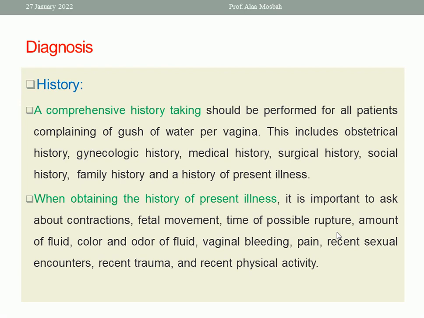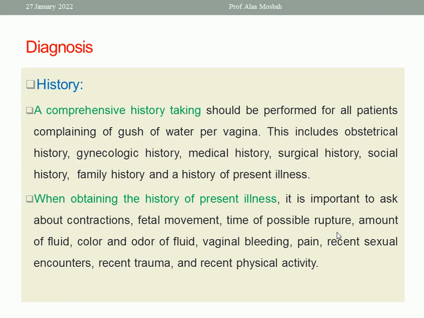Then the present illness should be analyzed, and you should ask about any uterine contractions. You should ask about the fetal movement. You should ask about the time of possible rupture and the characters of the fluid, the gush of fluid per vagina.